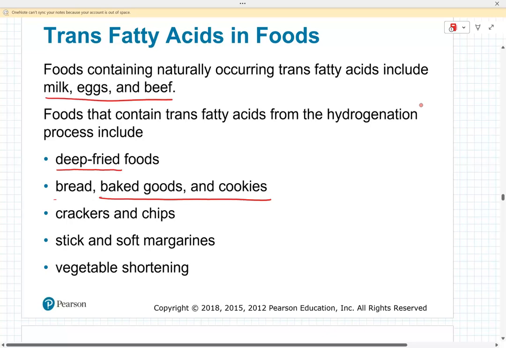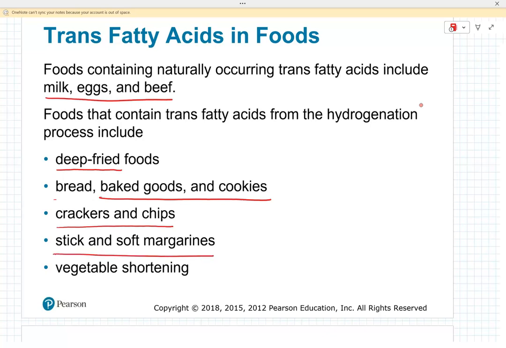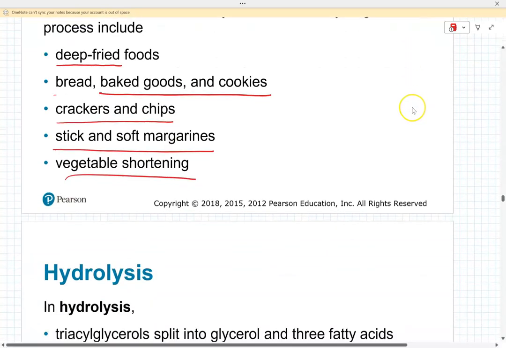I don't understand. But if a baker uses vegetable shortening, Crisco, instead of butter, which is cheaper, then sure, trans fats. If it's butter, fine. Crackers and chips, not really, fully replaced. Stick and soft margarines, vegetable shortening, sure, that is true. Okay?